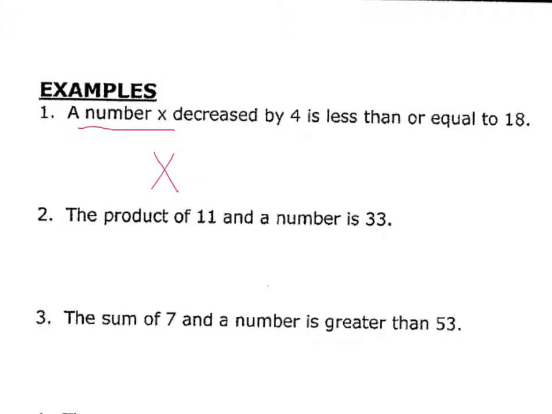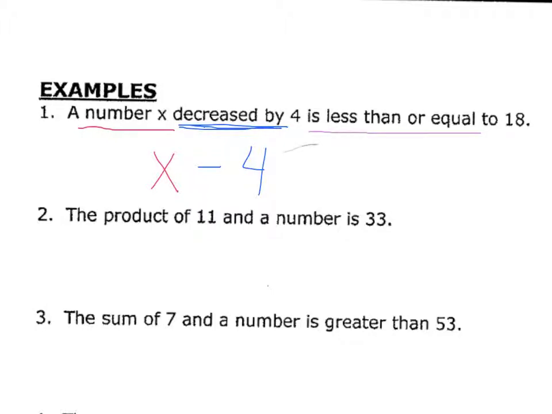Decreased by, remember in our last lesson we learned that decreased by stands for subtraction. And then we know 4 is just 4. Then it says is less than or equal to. That should give us our key for our inequalities.